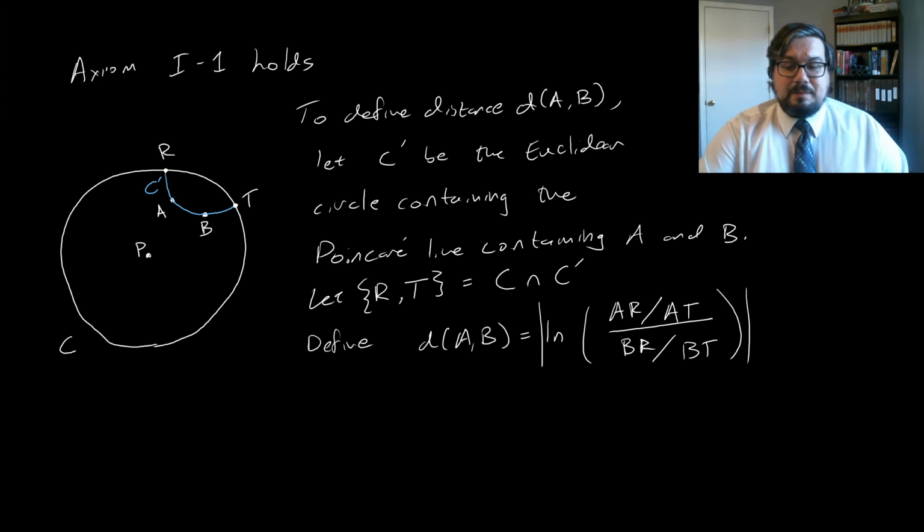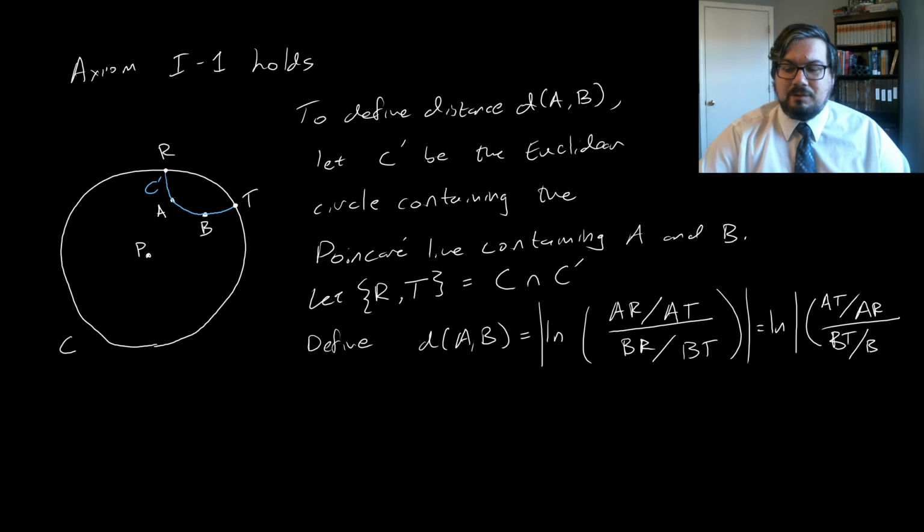So we've got that the distance from A to B, first of all, doesn't depend on R and T. If we exchange the roles of R and T, it turns out that we get the same result. This is the same as the absolute value of the natural logarithm of AT over AR divided by BT over BR. As it turns out, if you look at the two logarithm expressions, by exchanging the roles of R and T, they're just the negatives of one another.